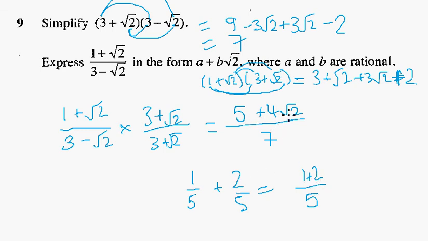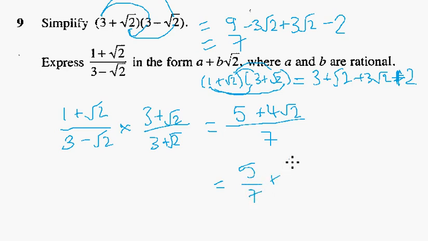If we've got 5 plus 4 root 2 over 7, that's the same as 5/7 plus 4 root 2 over 7. Let's bring the root 2 back. So this is the same as 5/7 plus 4 root 2 over 7. Another way of thinking about it, if that justification you're not happy with, is that it's the same as 1/7 of 5 plus 4 root 2.